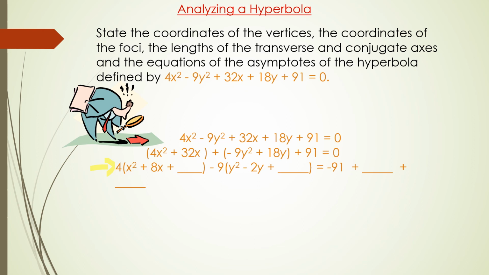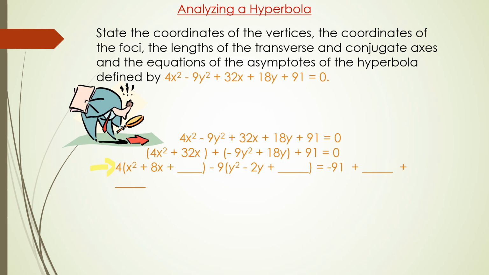Okay, next. Same process. For negative 9y squared and 18y, the common coefficient is negative 9. So, we factor out negative 9. Positive times negative is negative, so negative 9 times y squared. 18 divided by negative 9 is negative 2y.